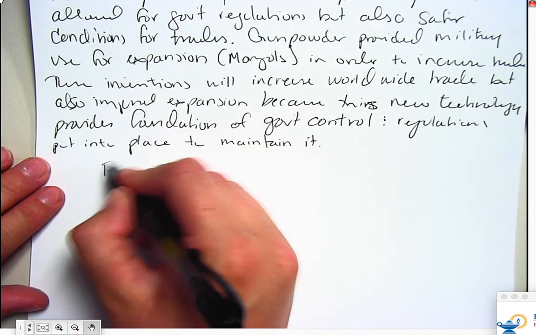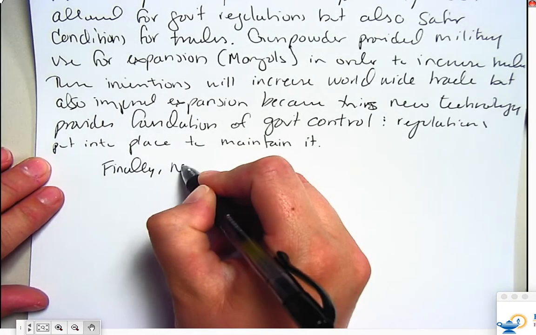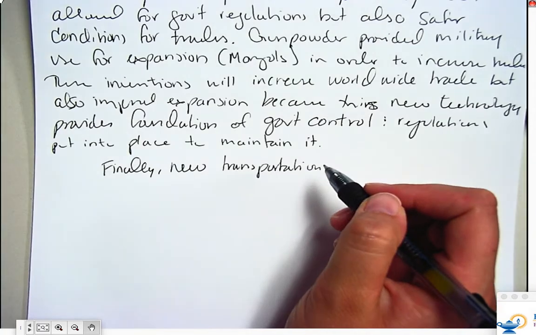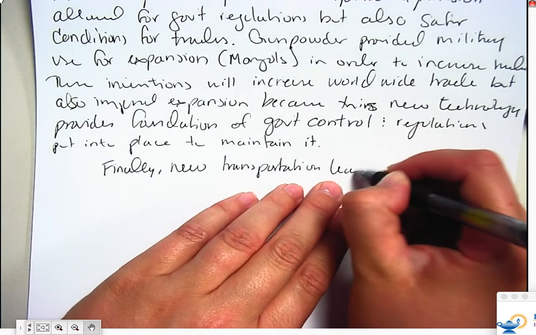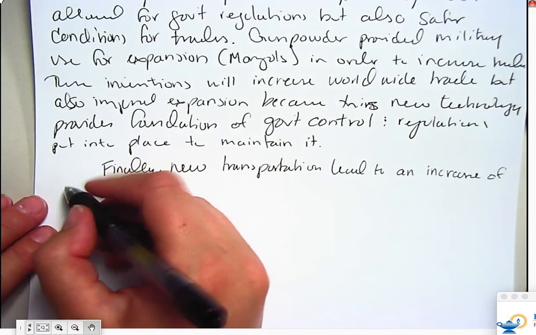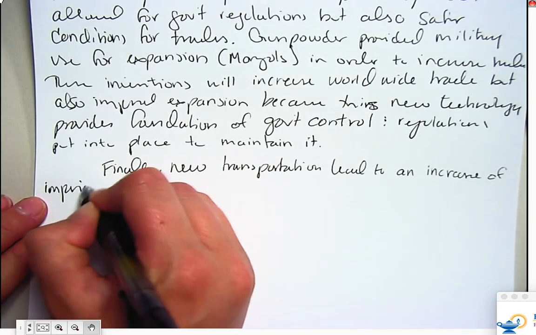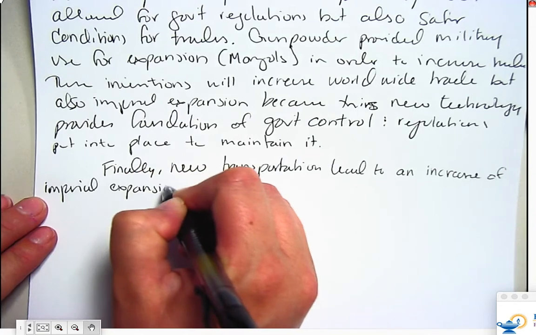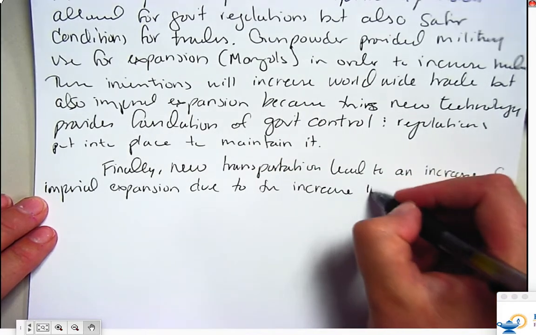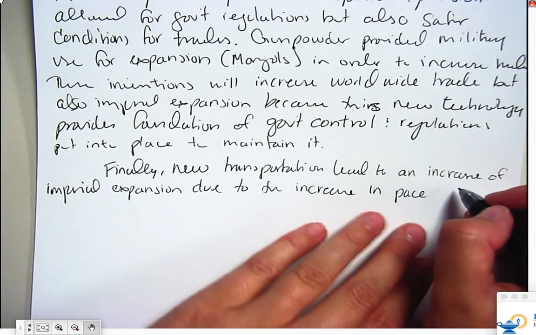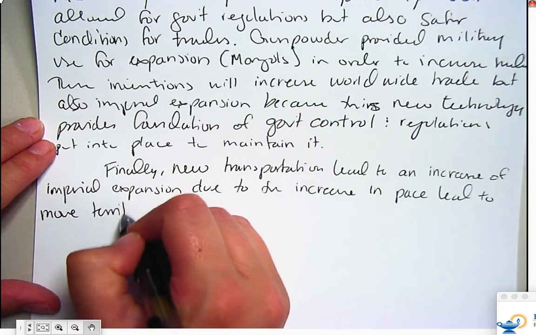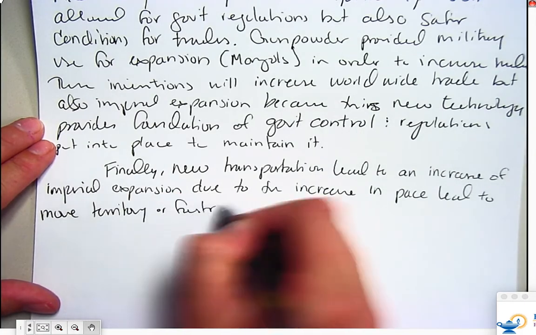Finally, new transportation led to an increase of imperial expansion, due to the increase in pace, led to more territory or faster responses.